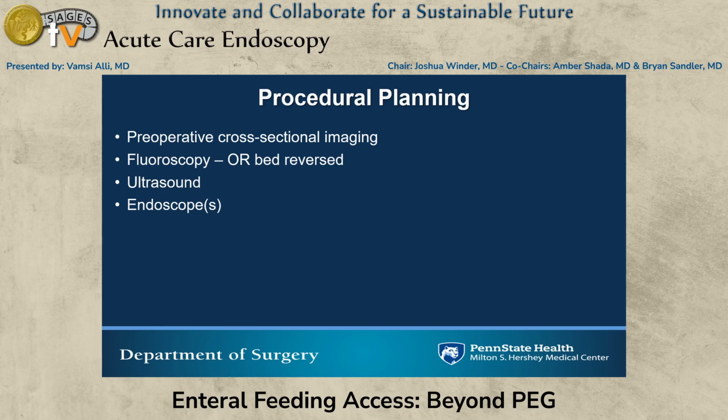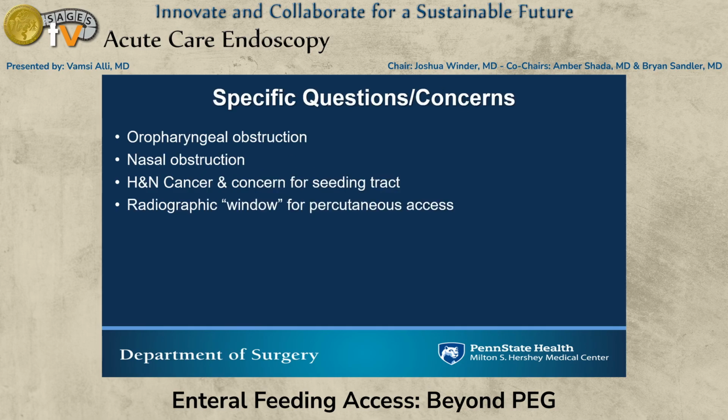Other adjuncts that could be useful as well are ultrasound as well as multiple endoscope options in order to traverse challenging anatomical settings. So specific concerns may be obstructions of the oropharynx, nasal obstruction, cancer of the head and neck that may raise concern for seating of the tract, and absence of an appropriate radiographic window for percutaneous access.